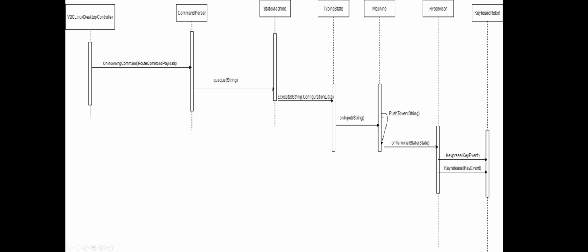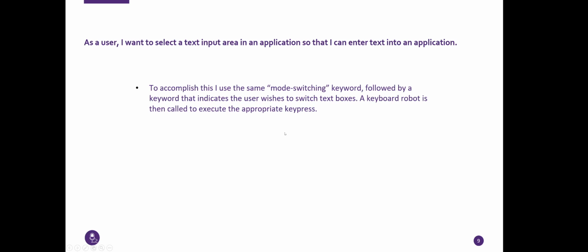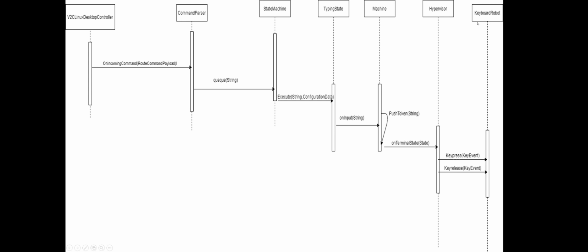This is pushed into the DFA machine, where it tokenizes it and pushes these tokens until it hits a terminal state. That state's information is sent over to the hypervisor, where it checks it out, observes it, and parses it, and creates new key presses for the keyboard robot to press.